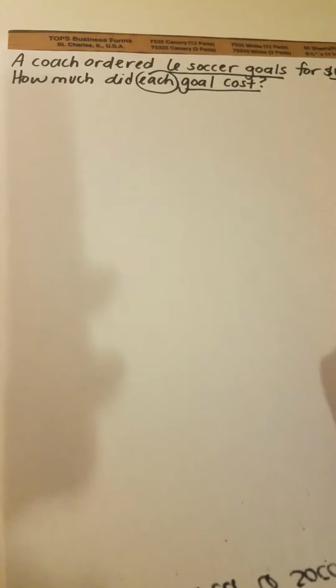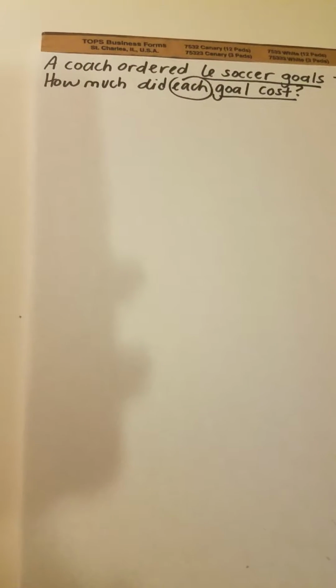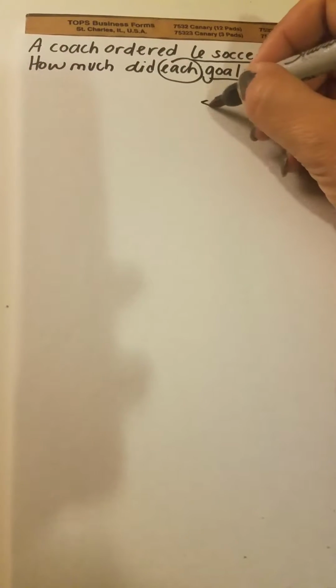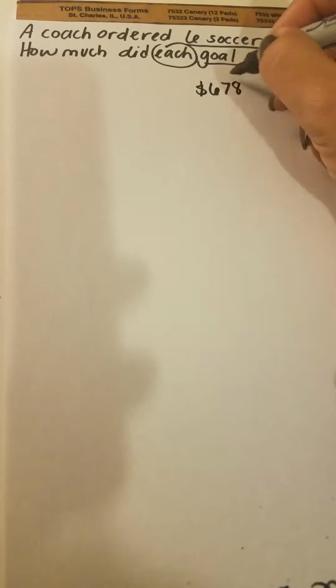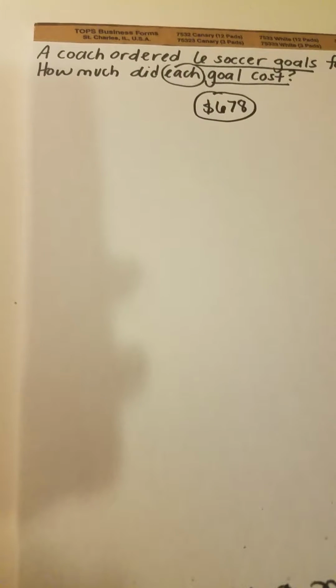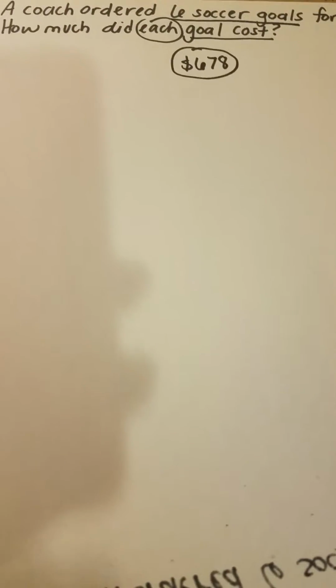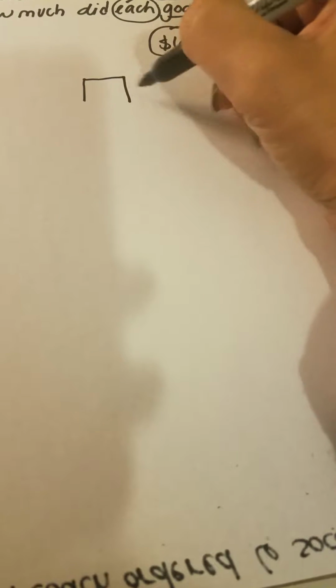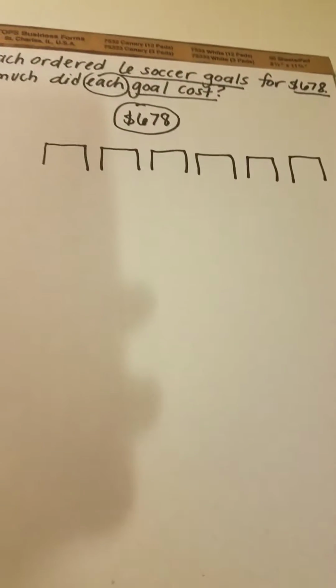That's the total. So the way I like to think of it is $678 is the total amount that was spent. Okay, and I know that 6 goals were ordered. So I'm going to just draw a little model of 6 goals. This is kind of the way a goal looks.